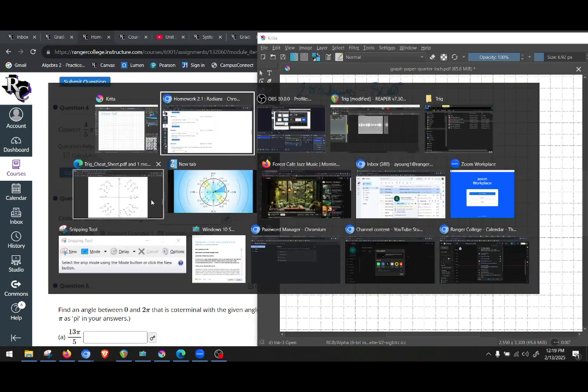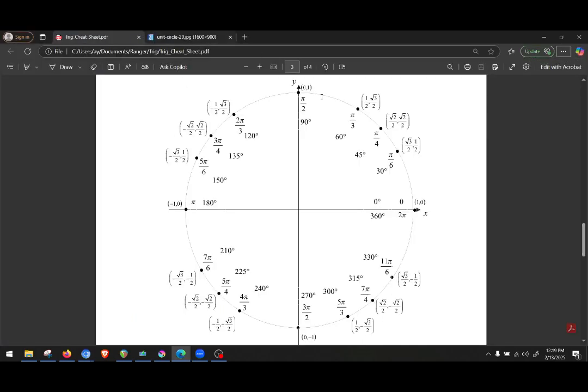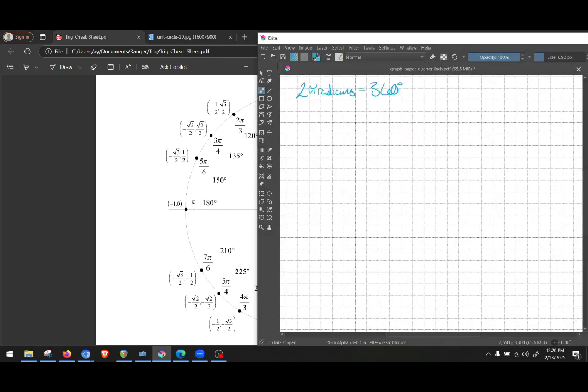If we look at our unit circle, it has 2 pi here, 0 degrees. One full revolution is 360 degrees, and one full revolution is 2 pi radians. So 360 degrees and 2 pi radians are the same measurement, just different units.